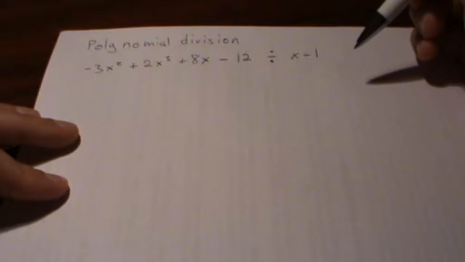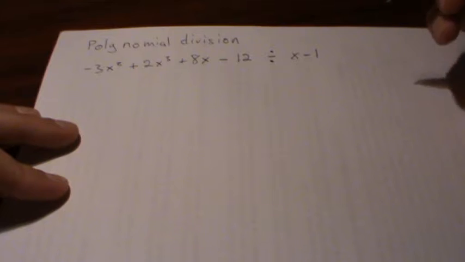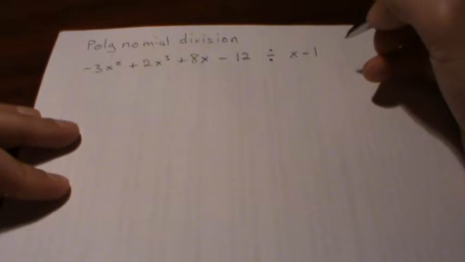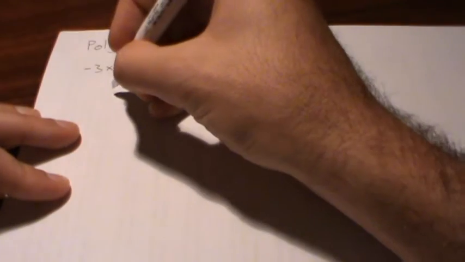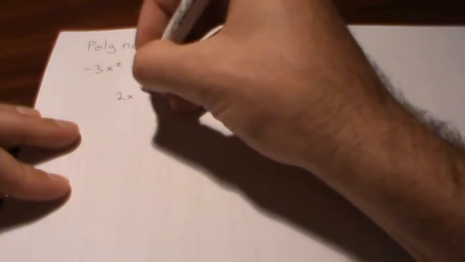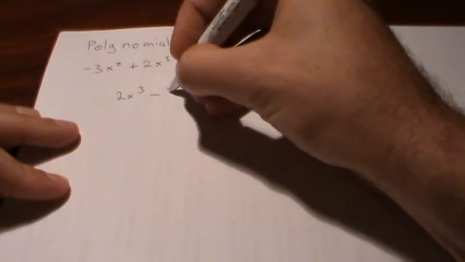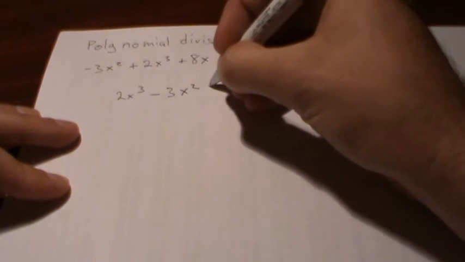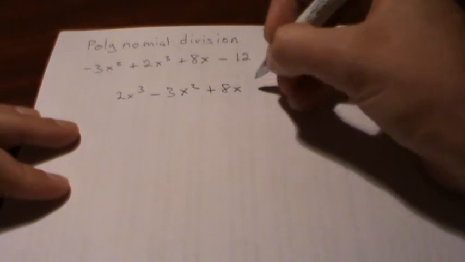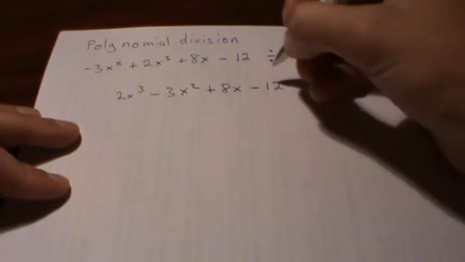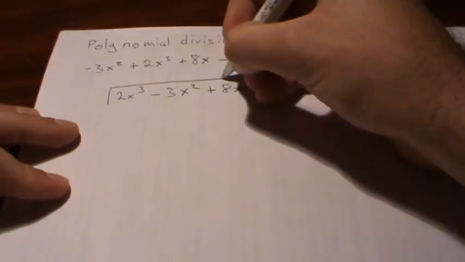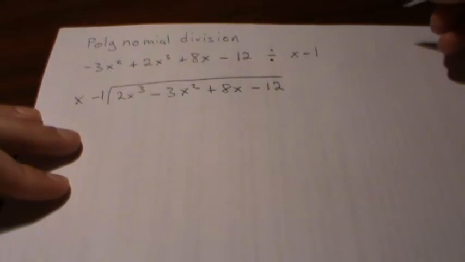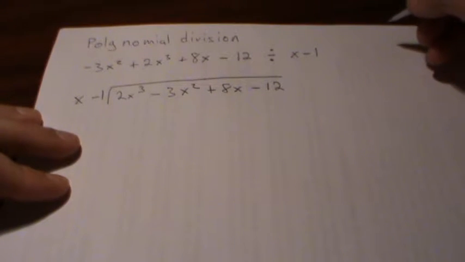And the process demonstrated in the book would be to write it like this: 2x to the third minus 3x squared plus 8x minus 12 divided by x minus 1. Okay? Now you would divide this just like you would divide normal numbers.